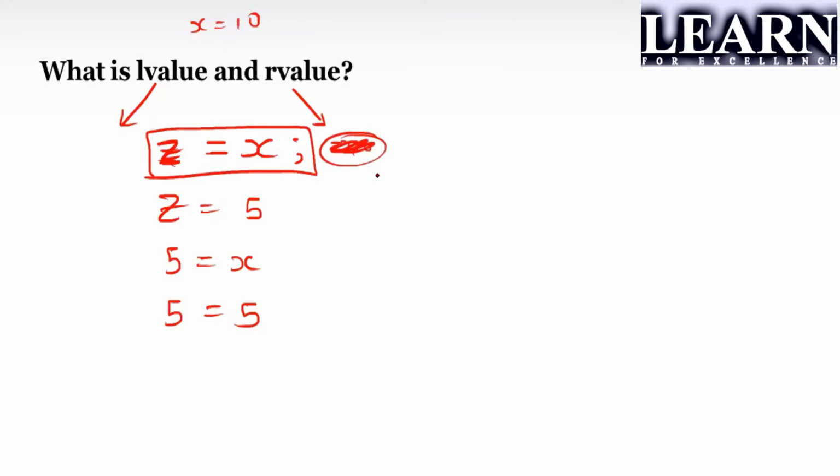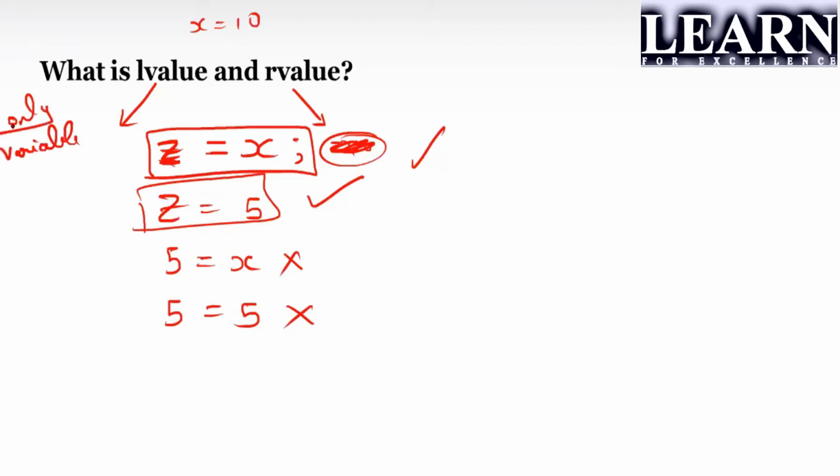Whatever value you have in X will be assigned to Z, right? Yes, that is possible. Now, Z equals to 5, of course, is possible. Now I can say this is not possible: you cannot take 5 equals to X or 5 equals to 5. Now, can I say that the left value should always be only a variable? This side, a variable.